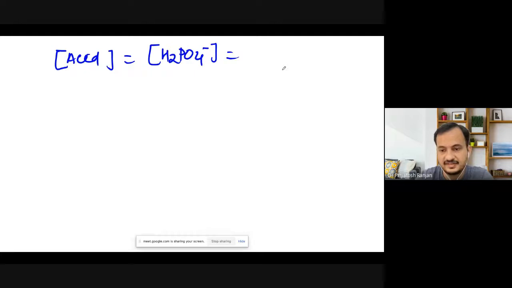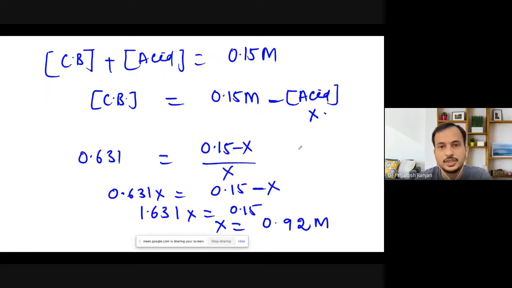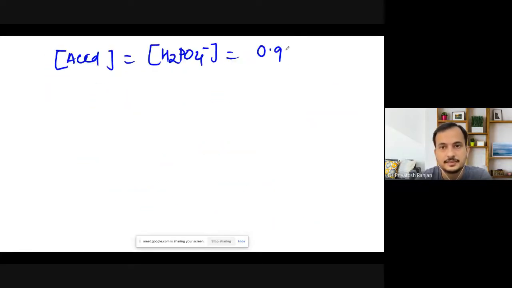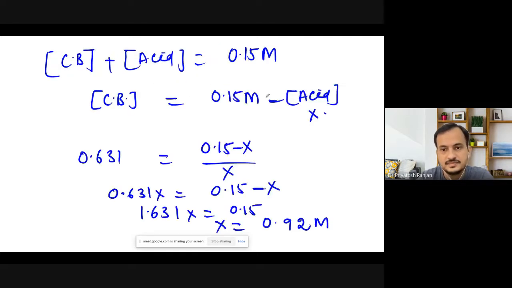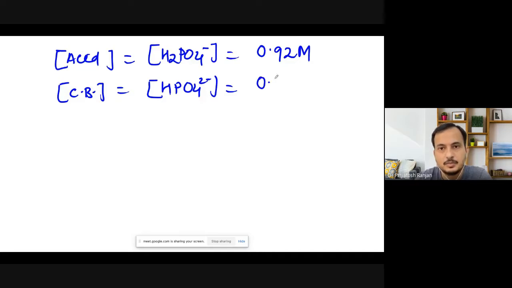And its concentration is coming out to be 0.92 molar. Great. What is the concentration of conjugate base going to be? It's going to be 0.15 minus X.